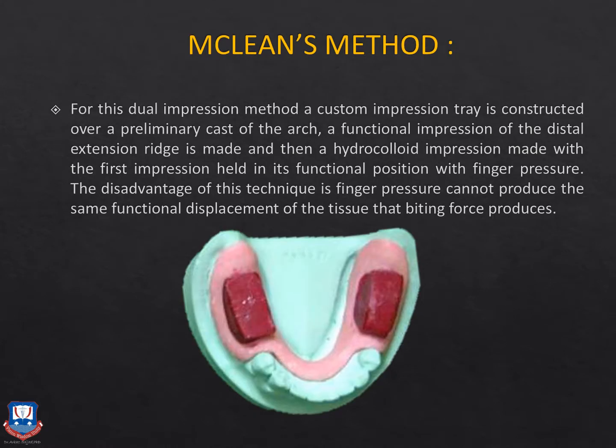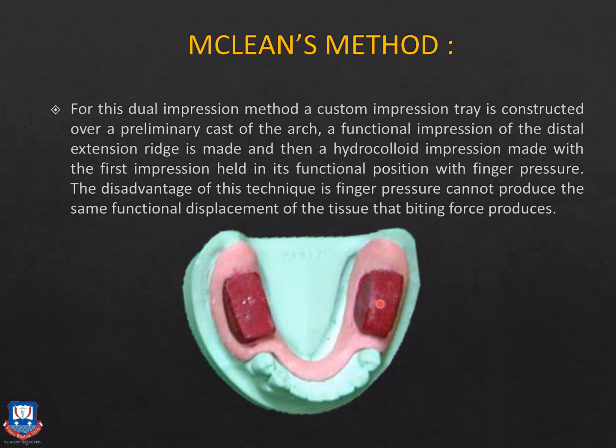Now coming to the first technique of functional or physiological impression, which is given by McLean, also known as McLean's physiologic impression technique. McLean believed that the best way to record the tissues in a functional state is by loading them occlusally. For this, on the diagnostic cast, record bases were made and compound or hard wax occlusal rims were fabricated, especially for Kennedy's class 1 and class 2 situations.